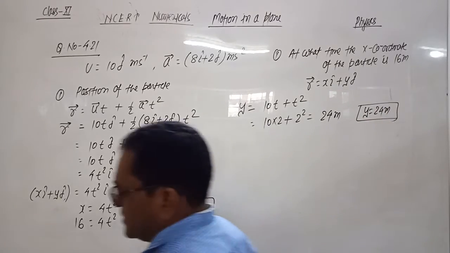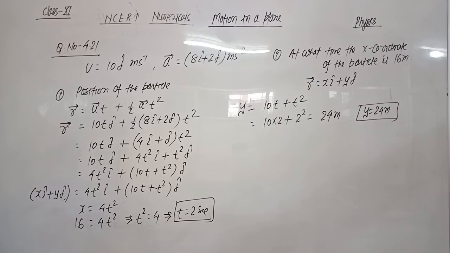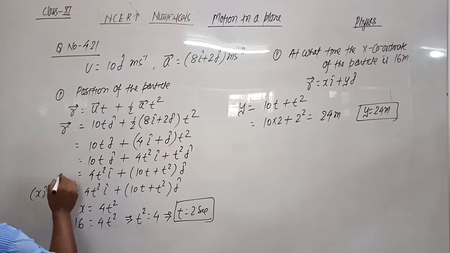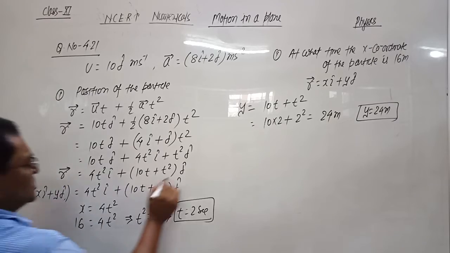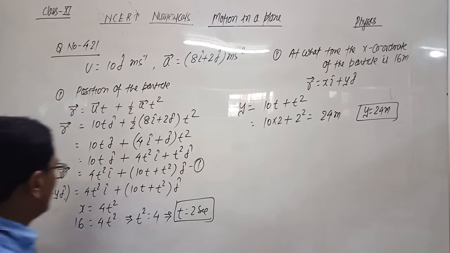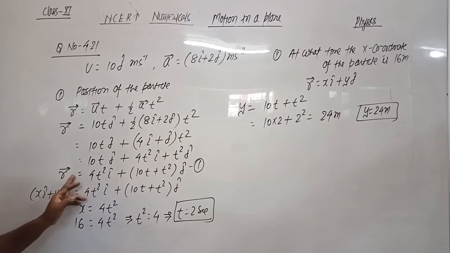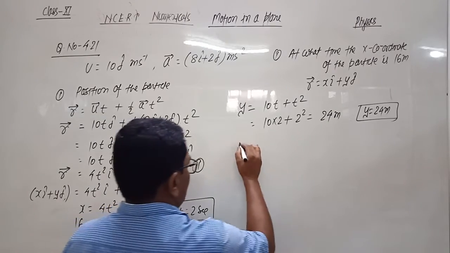The next part of the question is: what is the speed of the particle at that time? For finding the speed, we differentiate r vector, equation number 1, with respect to t, and we get the velocity vector.